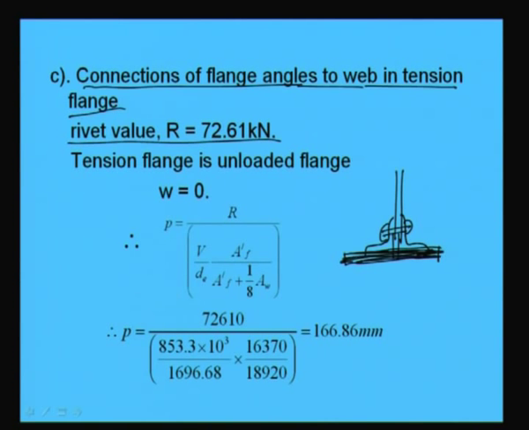And tension flange is unloaded flange. So, W can be made 0. So, P can be found simply from here, right. As in tension flange there is no load, only in compression flange load is there.